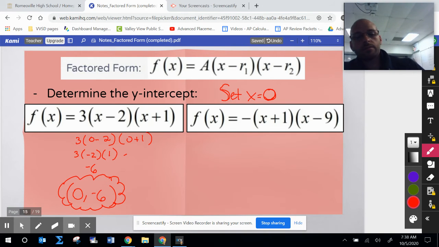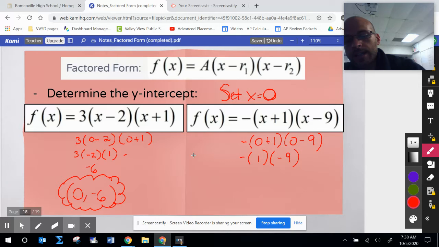Okay. Now, let's do it one more time. Let's find the y-intercept. I'm going to say a negative times 0 plus 1, 0 minus 9. Order of operations, I'm going to simplify those groupings. So 0 plus 1 is 1. 0 minus 9 is a negative 9.